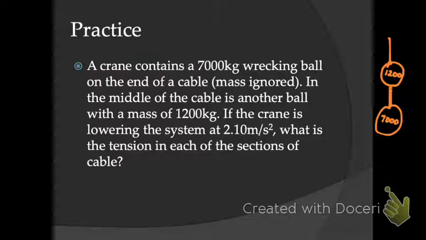So let's look at the top one first. If I was going to draw a free body diagram for this cable, gravity is pulling us down, and tension in the cable is pulling us upward. Would we agree with that?